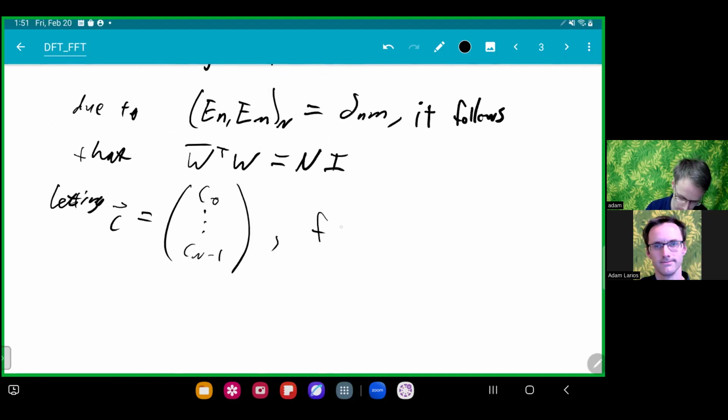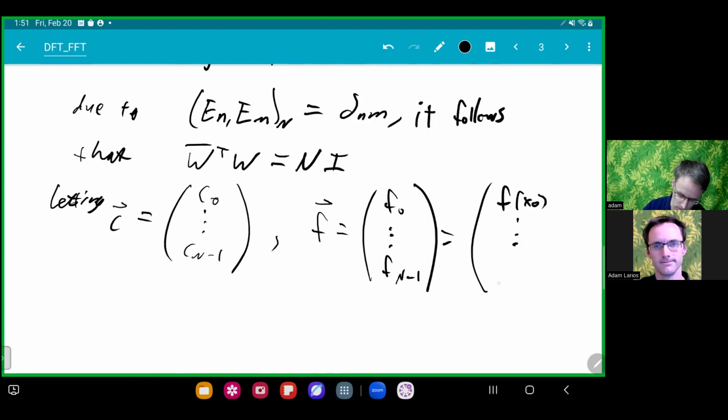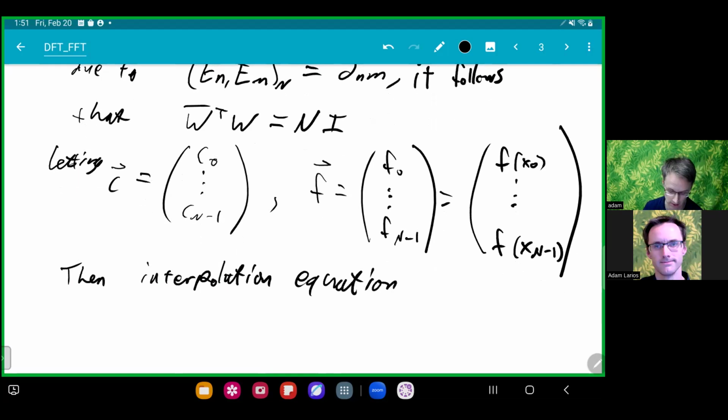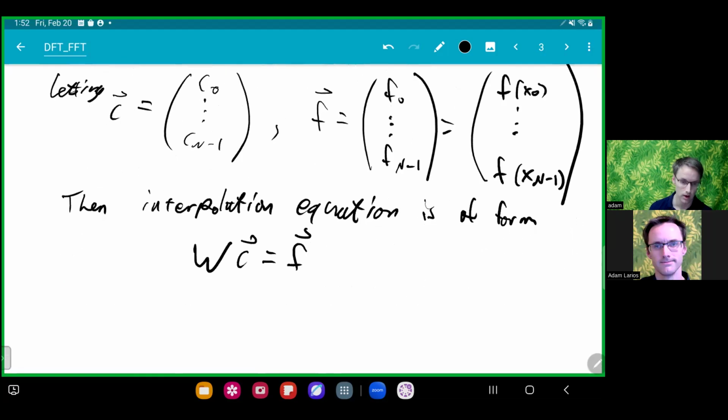Let's let the F vector be the points F0 down through F_{n-1}, but by that I just mean f evaluated at x0 all the way down through f evaluated at x_{n-1}. Then the interpolation equation, the system formed by plugging in each of the x_j points, is of the form W times C vector equals F vector, and that's it.